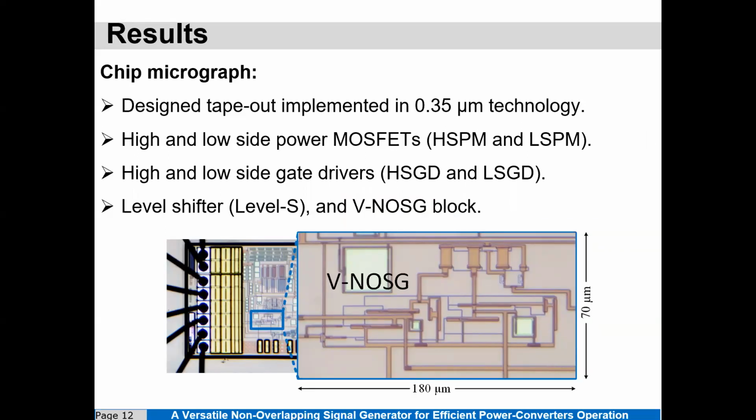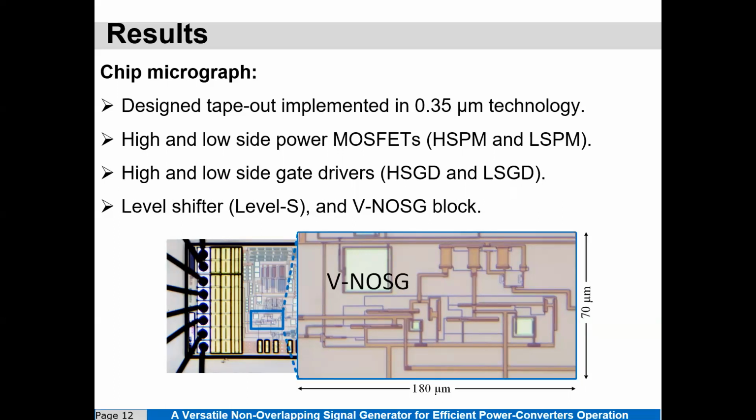This figure shows the micrograph of the designed tape-out implementation in 0.35 micrometer technology. It consists of high and low side power MOSFETs, HSPM and LSPM, high and low side gate drivers, HSGD and LSGD, a level shifter, some dummy capacitors for compensating metal density, and the VNOSG block.